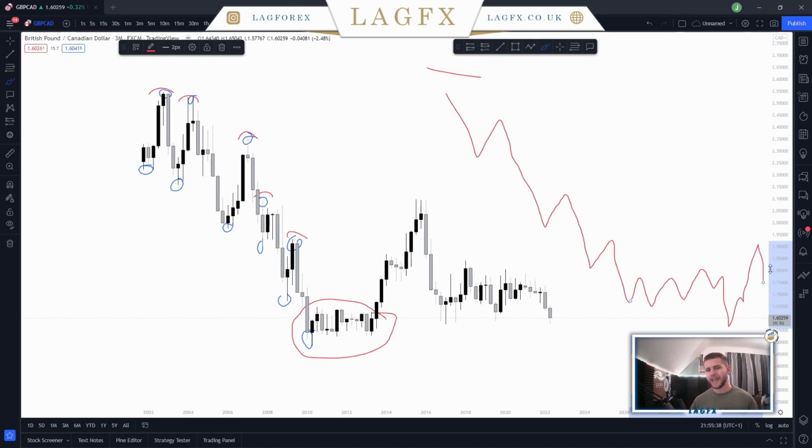Now, the main purpose of this is for the institutions to now absorb all the remaining supply that is left in the market, because if they're going to reverse the market, they need to ensure that demand is in full control. Therefore, they need to absorb all supply, which is done through bear traps and manipulations.